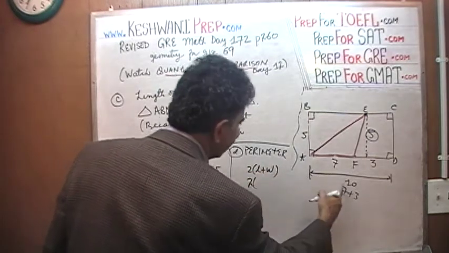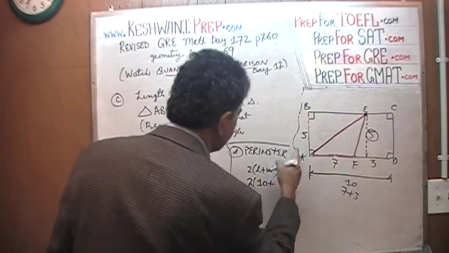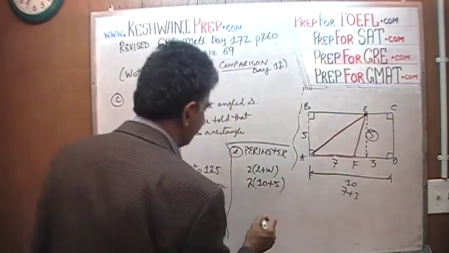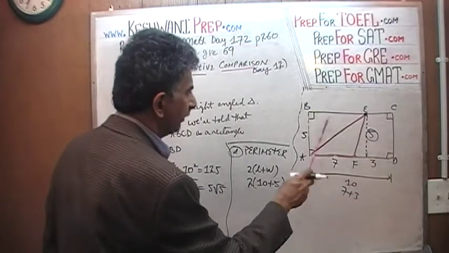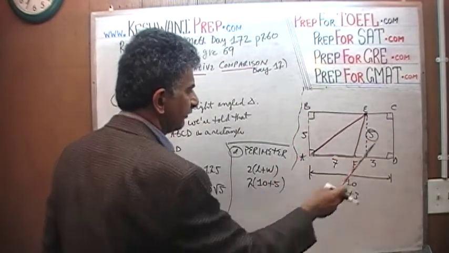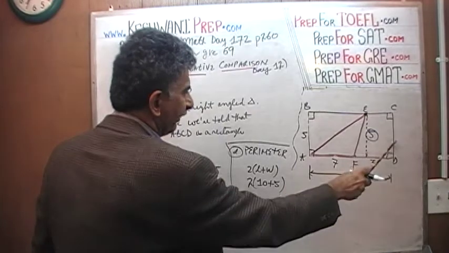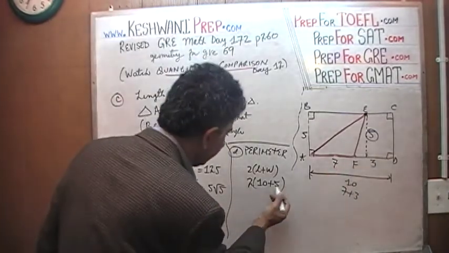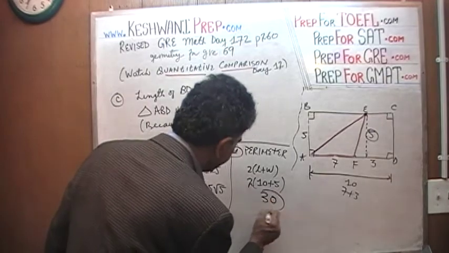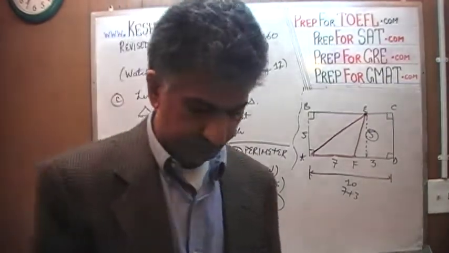It's 2 times the length, which is 10, plus the 5. That's it, because you got A to D, which is 10, you got B to C, which is 10, so it's 10 plus 10, and then 5 plus 5. So 10 plus 5 is 15, and 15 times 2 is 30. There you go, that's your perimeter.